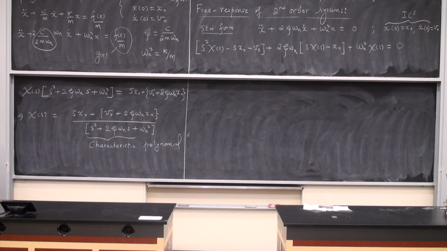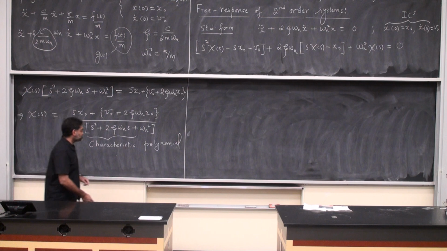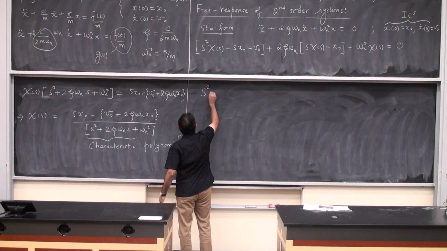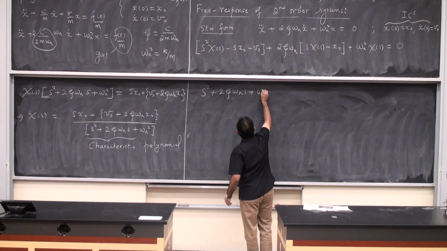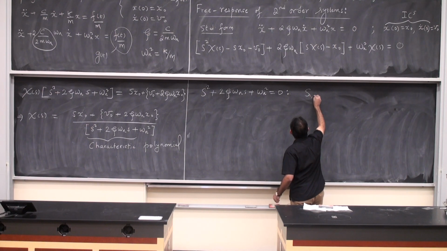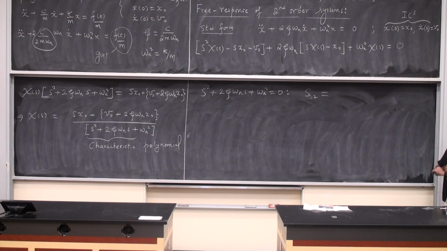And we would like to find the roots of this polynomial. I'm going to squeeze this up here. So roots, let me do it here. s square + 2 zeta omega n s + omega n square, the roots of the following. I'm going to go directly to the reduced form.